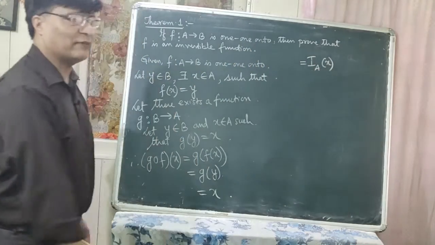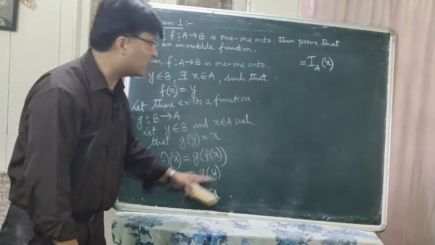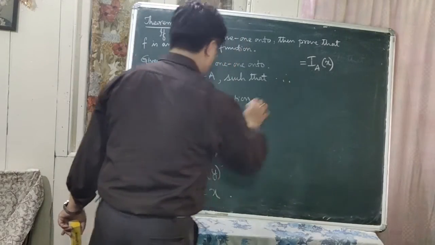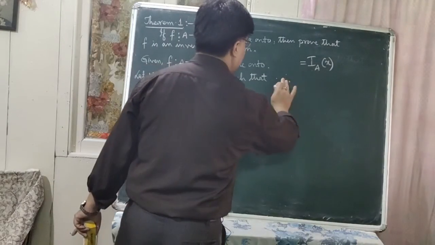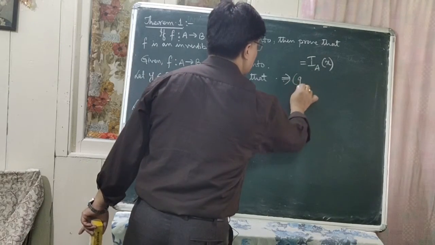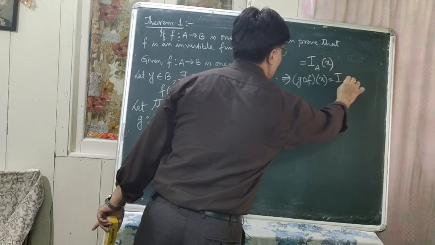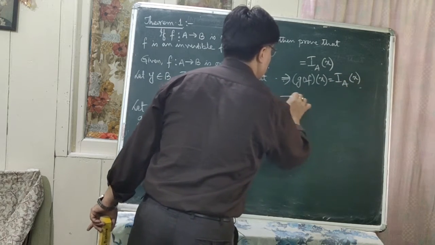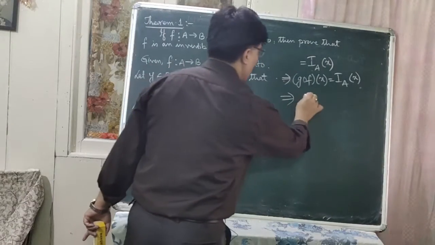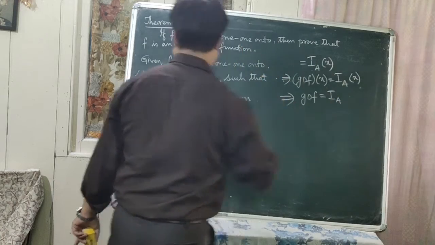This is the identity function, isn't it? So gof of x is equal to IA of x, which implies that the x cancels, that is gof is equal to IA.